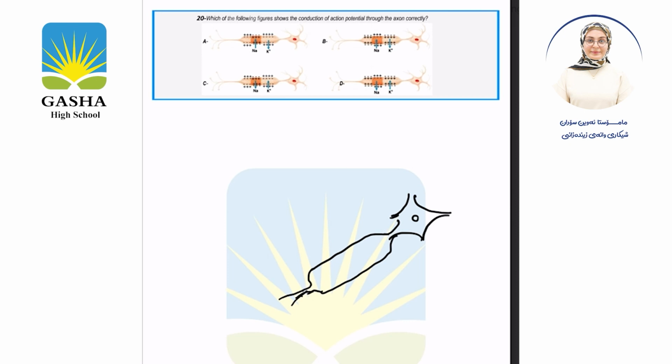Every sending of an electrical signal message is composed of three stages. The first stage, we call it what? We call it the resting stage or resting potential. Second stage, we call it action potential. Last stage, we call it what? Repolarization.